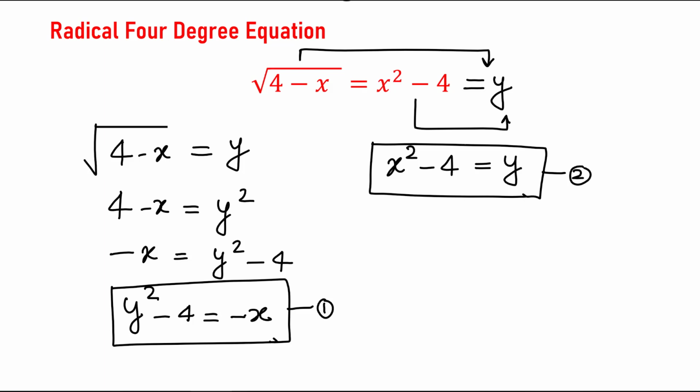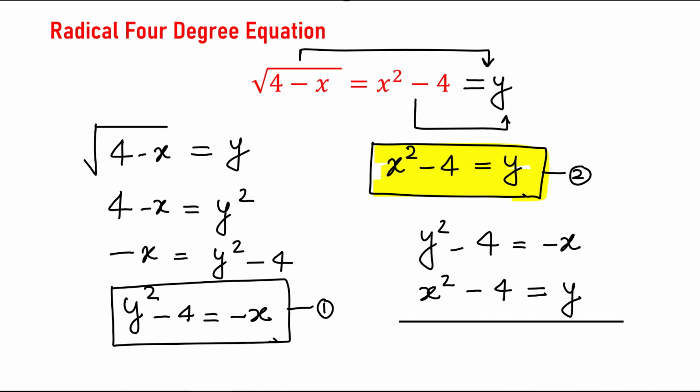First I have this equation, that is y square minus 4 is equal to minus x, and then I have this equation, that is x square minus 4 is equal to y. Now let us subtract these two equations. So I will have minus plus minus.